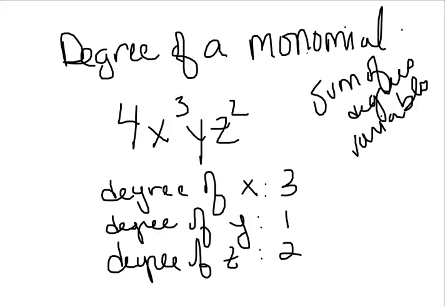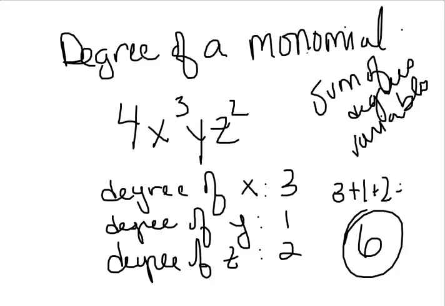So in our example here, it's 3 plus 1 plus 2, which equals 6. So the degree of a variable is for individual variables. The degree of the monomial is the sum of those variable degrees. And we'll need that every once in a while, and I'm going to show you when we'll need that.